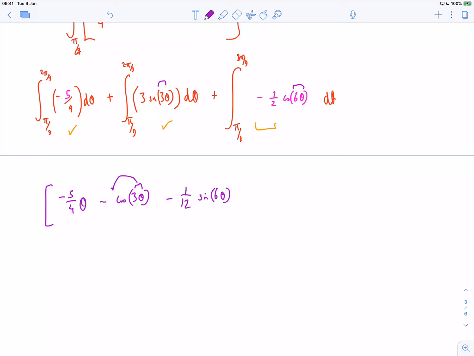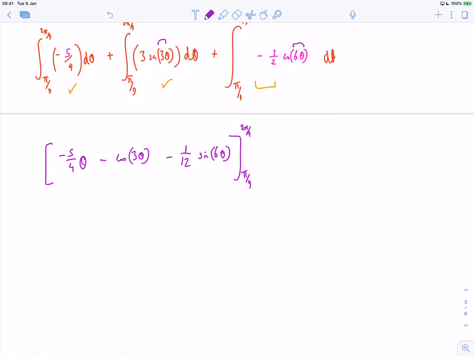If I check this, sine differentiates to cos, which is good. The minus stays the same. 6 theta differentiates to 6. 6 times minus a 12th is minus a half. Good, that's fine. So now all I need to do is evaluate this between 2 pi ninths and 1 pi ninth.